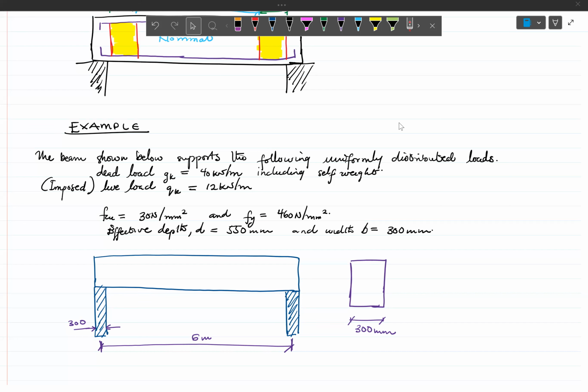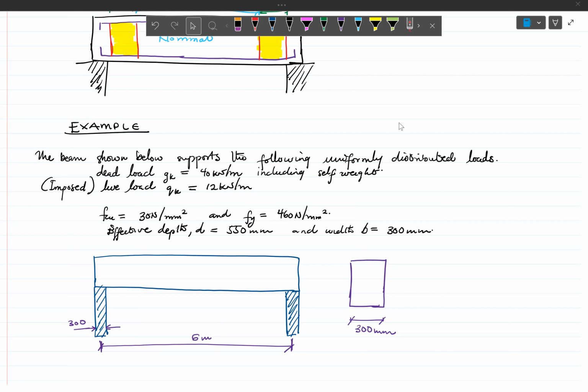And the material strength for concrete fcu is 30 newtons per millimeter squared. And then the steel rebar here is 460 newtons per millimeter squared. All right. The width of the beam in terms of its cross section is 300 millimeters. And then the effective depth is given to us as 550 millimeters.